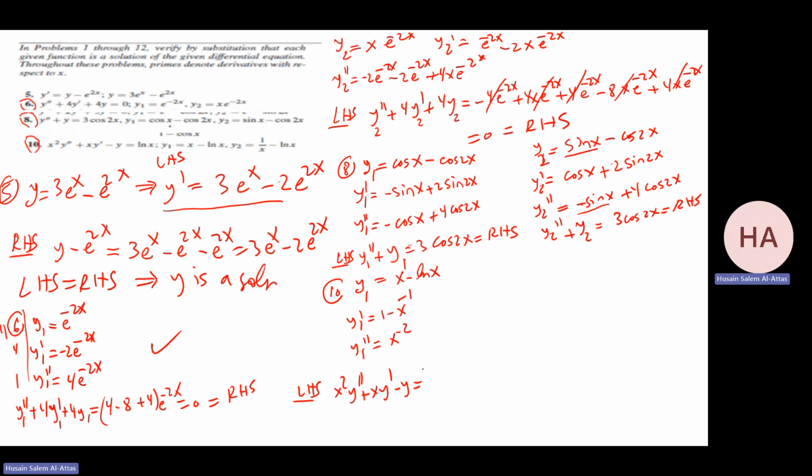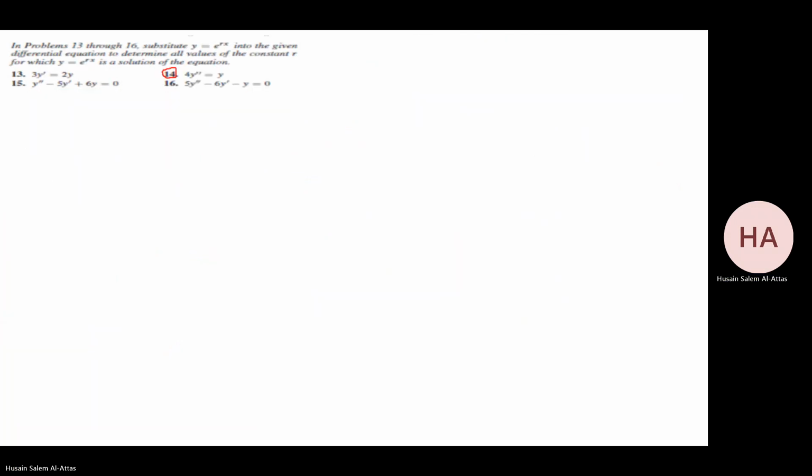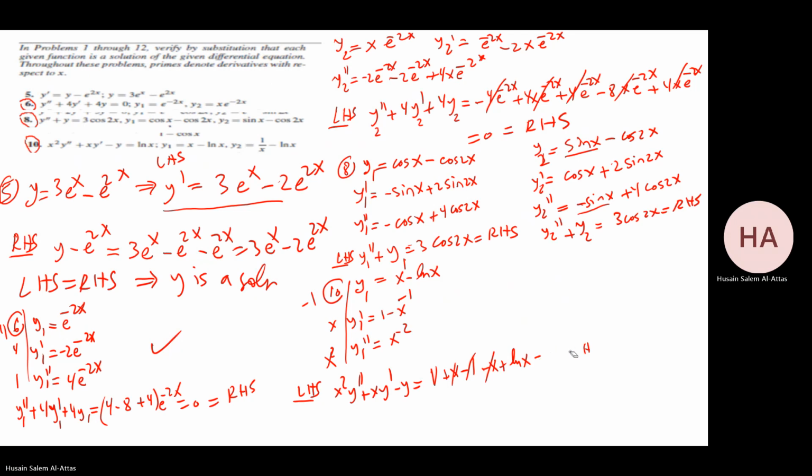Notice we multiply this by x squared, that gives 1. Plus x minus 1 minus x plus ln x, which is the right-hand side. This cancels, so we are done. That will equal ln x, which is the right-hand side.